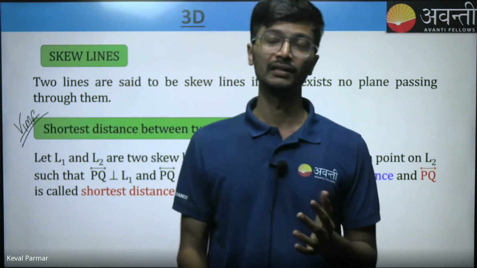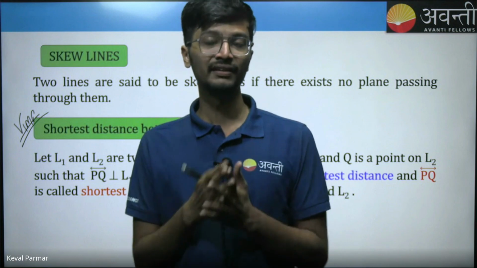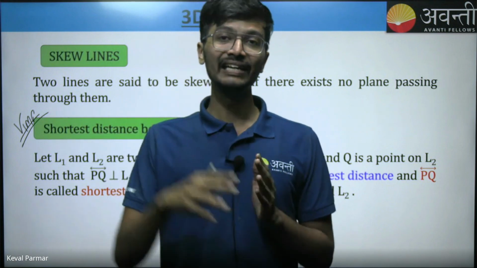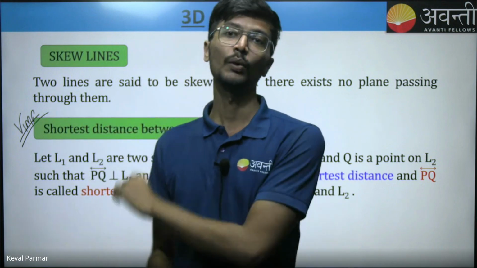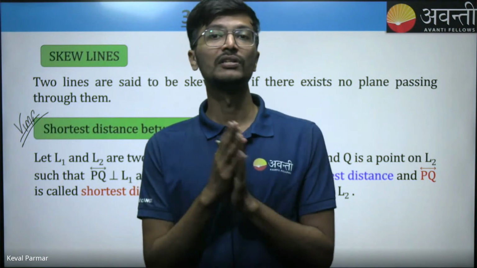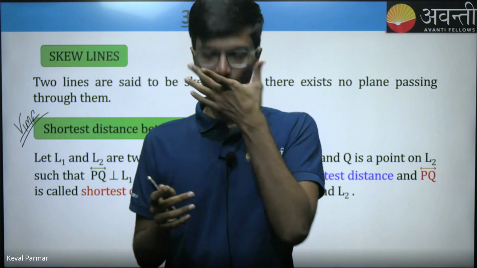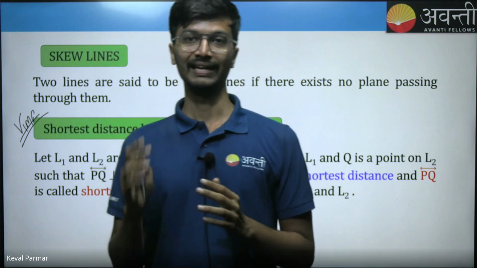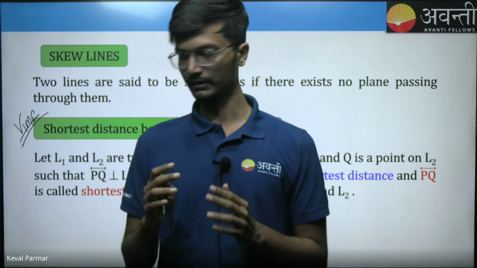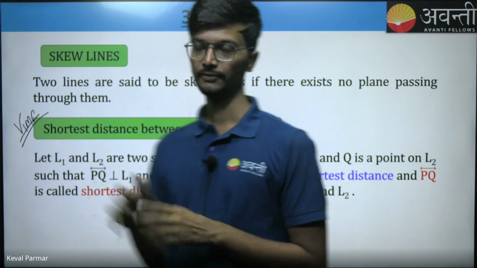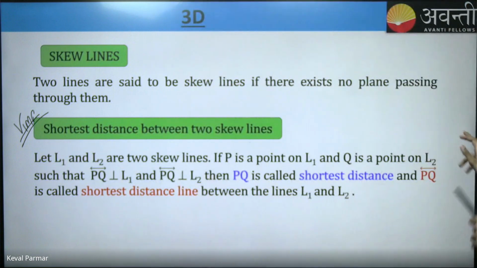In at least 80% of the sets every year, a question on skew lines is asked, and the question is very simple: find the shortest distance between the skew lines. Correct, guys? So let's see how to get the shortest distance between skew lines.